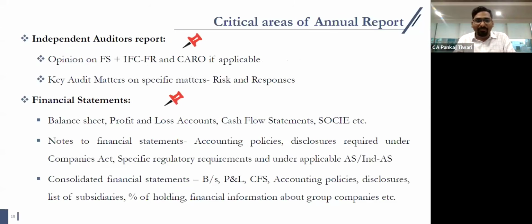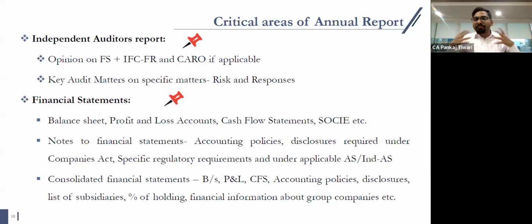And as I said, the auditor's report and the financial statements are a reflection of the financial health of the company. For example, if you look at the annual report, the auditor's report could be of three types. And it is very important for you to know which report to read to get what kind of information.